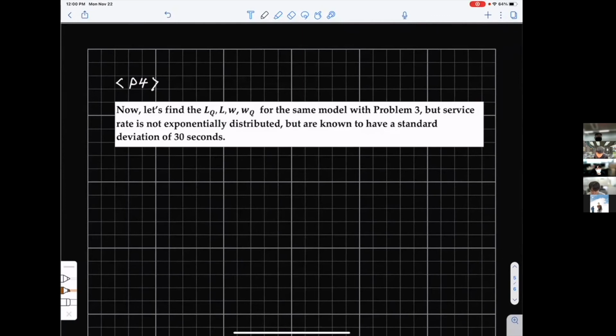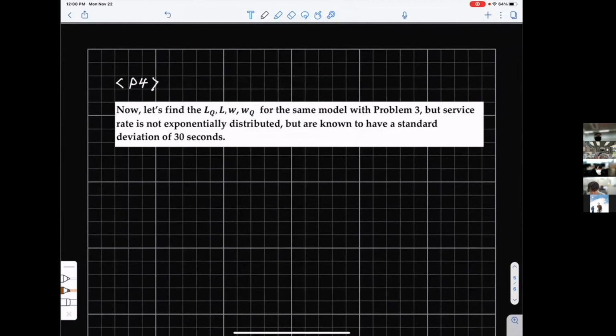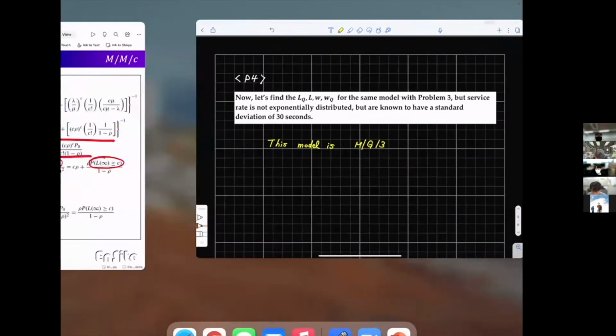So in order to calculate this problem, there can also be two possible ways. One is to use the analytic approach, because this model is M/G/3.